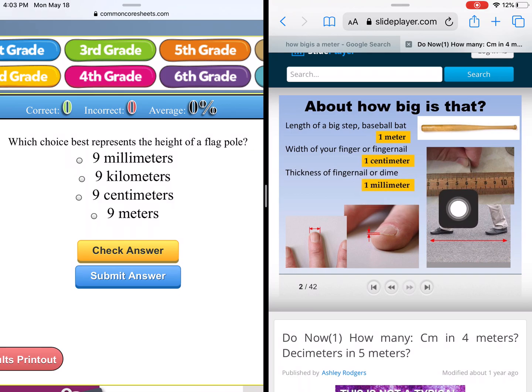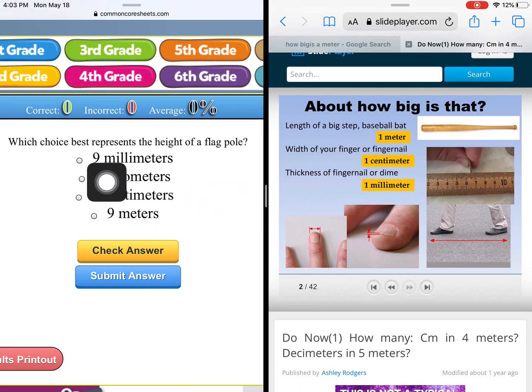These little marks here are centimeters. And the thickness of your fingernail or the thickness of a dime is about a millimeter. Those are those teeny tiny little lines on this meter stick. And then we know that kilo means 1,000 and a kilometer is 1,000 meters or 1,000 bats.